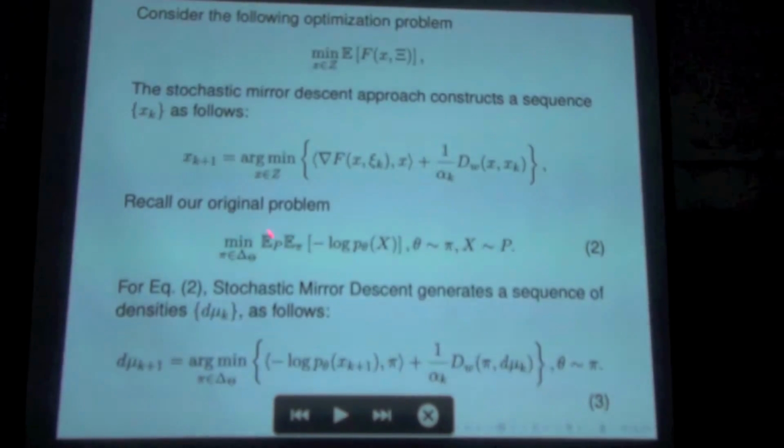So now this is just a recall of how we solve problems with stochastic approximation, with stochastic mirror descent. So now let's recall the original problem that we have. We want to minimize this expectation, that's going to be the same one, of this function. So let's see how this algorithm looks for this specific version of this problem.